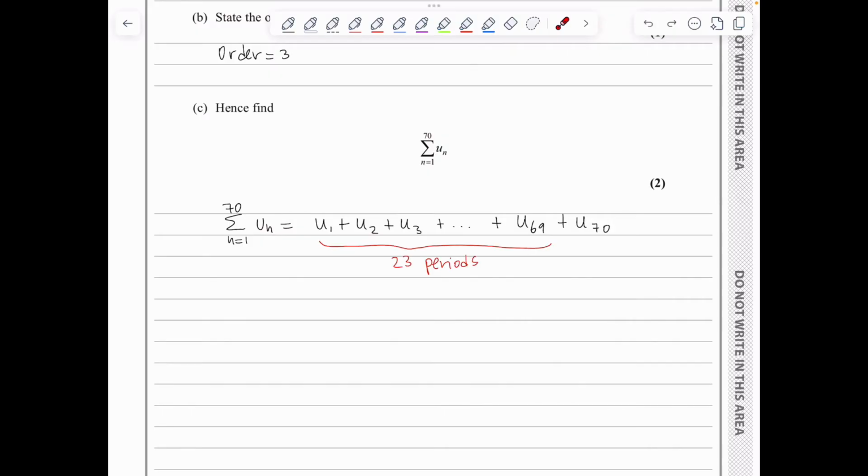So 23 periods here, and then u70 is the new term, the first term of the new period. So that's going to be a 3 because the sequence starts with a 3. And therefore, this sum will be 23 times the 3 plus the 0 plus the 3 over 2, which are the 3 terms that make a period, plus 3, and this gives an answer of 106.5.